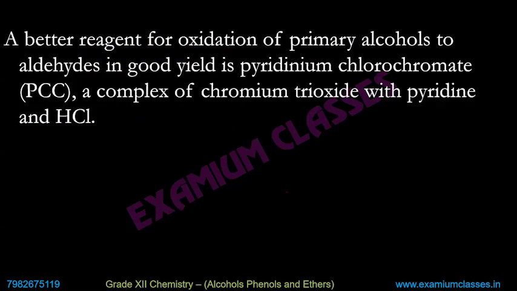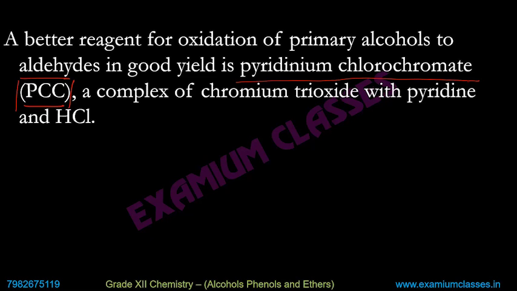A better reagent for oxidation of primary alcohols to aldehydes in good yield is PCC. Normally, PCC will be given, but you need to know the complete name. Pyridinium chlorochromate. Write it down. We will be using it extensively in conversions.